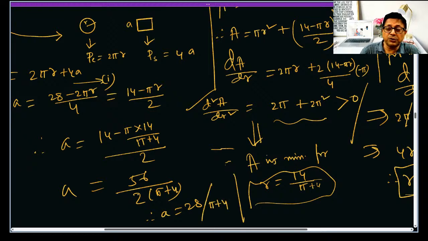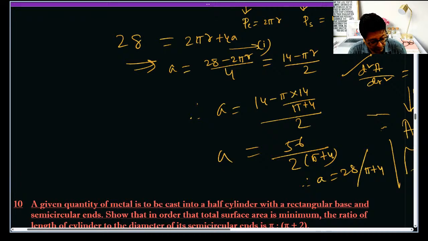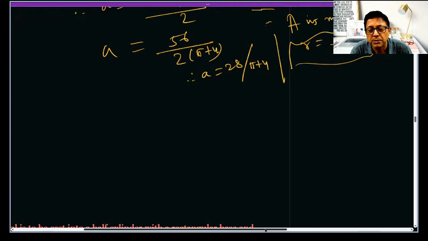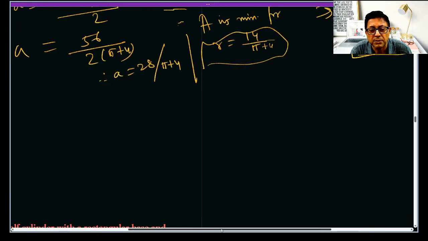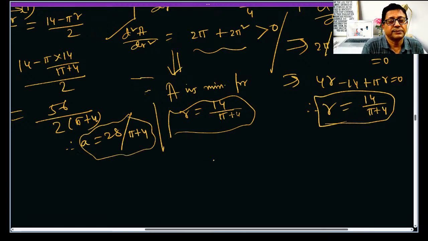Clear? Understood? So a is found out. r is 14 by pi plus 4, a is 28 by pi plus 4. Clear? Dimension found out.